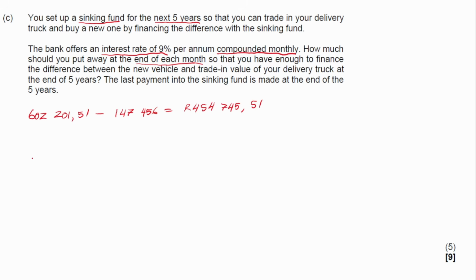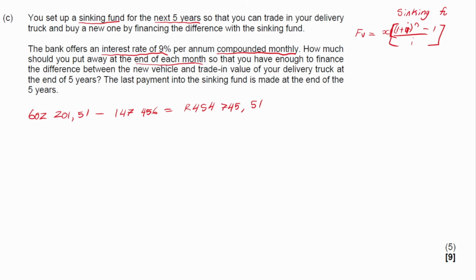When we do sinking funds, we use the future value formula. So I'm going to write the future value formula up here for our convenience. It's x times (1 plus i) to the power of n, minus 1, over i. This is the normal future value formula that we use for sinking funds.